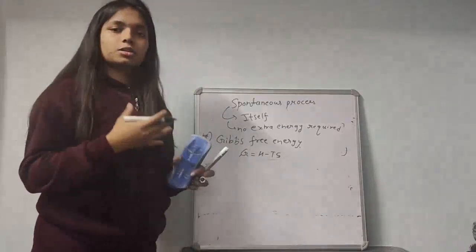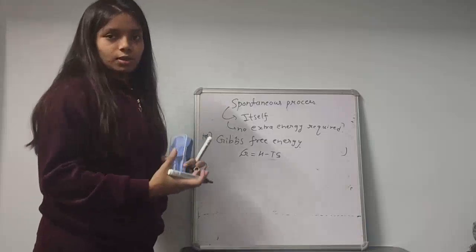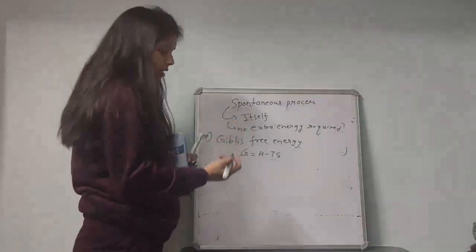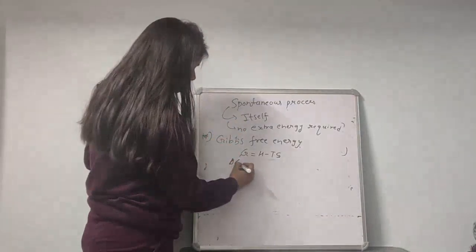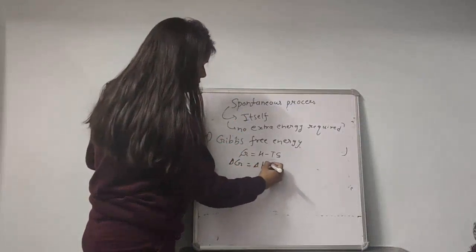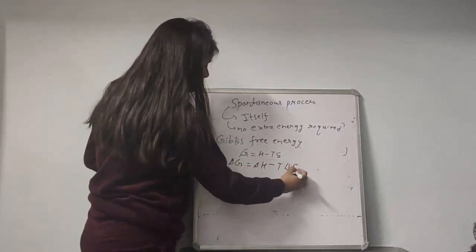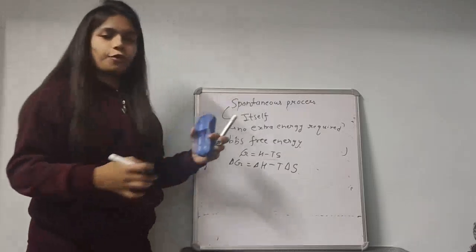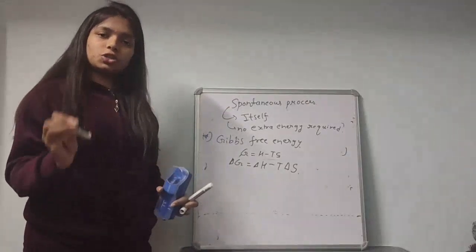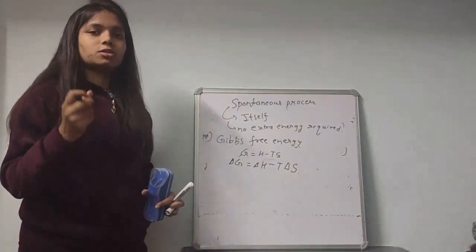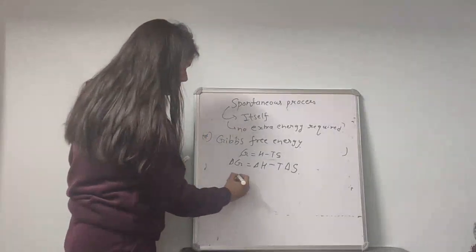Single G does not have any significance, that's why we take delta G: delta G = delta H - T delta S. When the value of delta G is negative, the reaction is spontaneous.